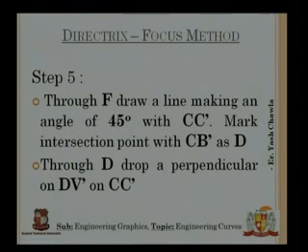Now with F as center, I'm going to draw a line which is at 45 degrees with CC dash. Why I'm doing this: to get my V dash point. How am I going to get V dash?